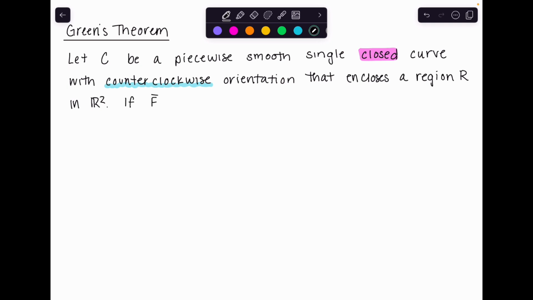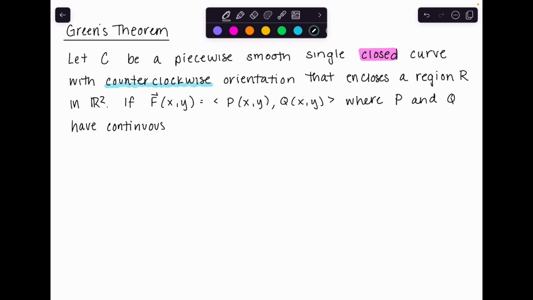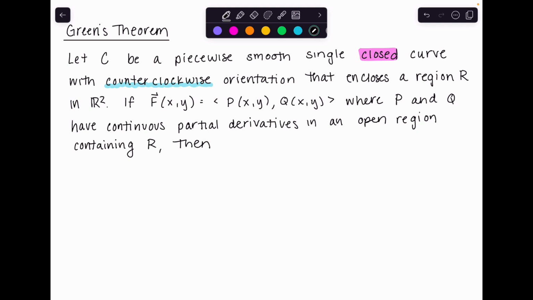So if the vector field inside of our line integral has those components P and Q, where these have continuous partial derivatives in an open region containing R, then we can do the following.